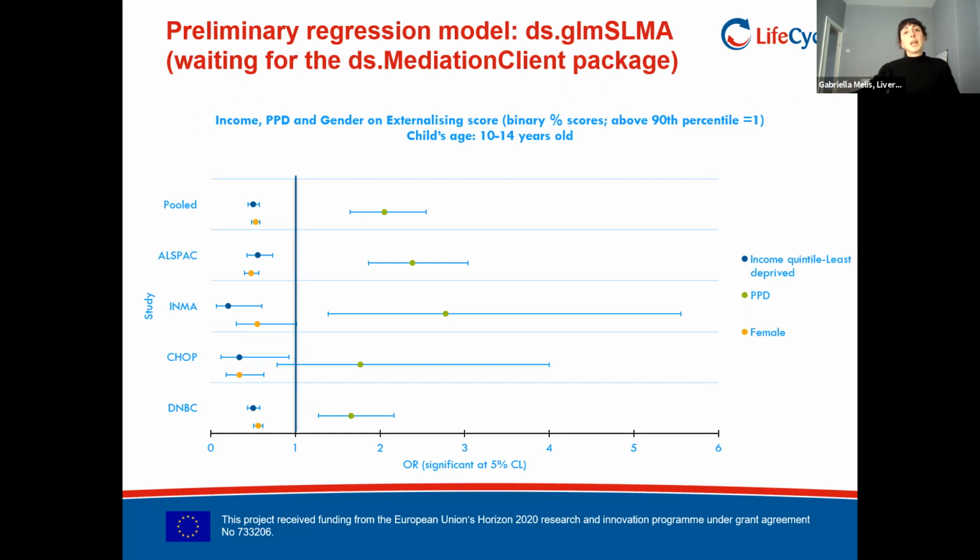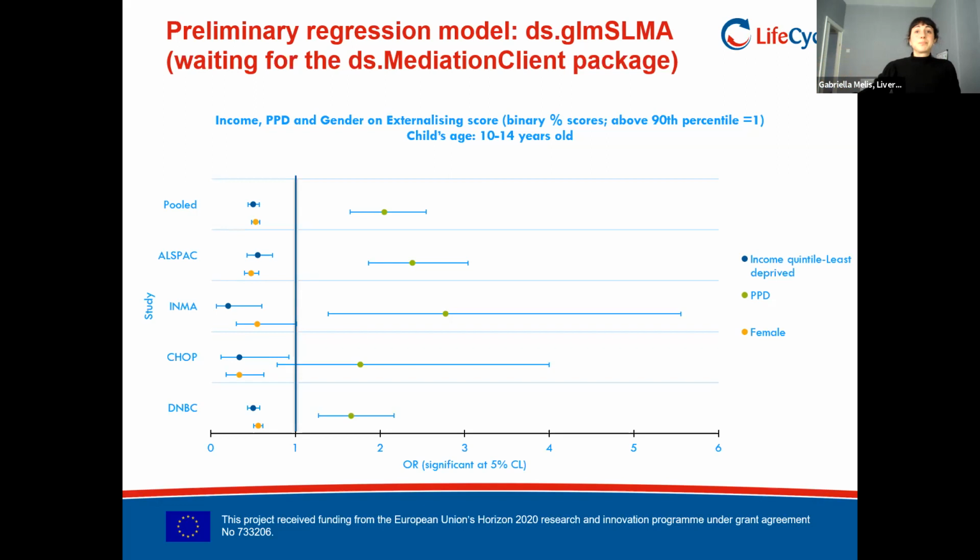Due to comparability issues across ages as well, we only selected the studies with scores available for children aged only 10 to 14 and presented the results for the cohorts with valid cases on all the 4 variables included here. Further analyses are being carried out for the younger ages in other cohorts as well. And as I said before, RAINE does not have a variable for EU-SILC income, and so it's not here for that reason, but further analysis will be carried out there as well.